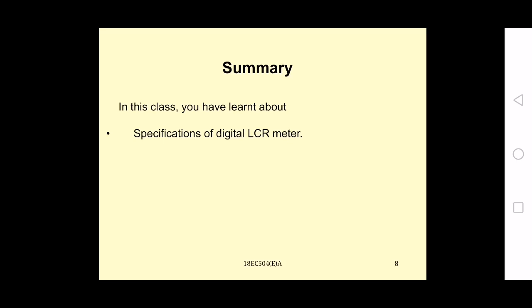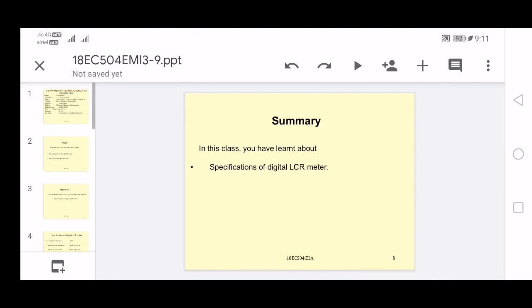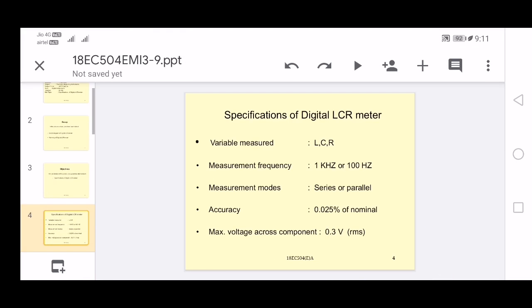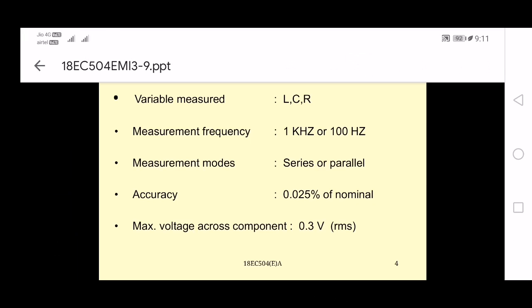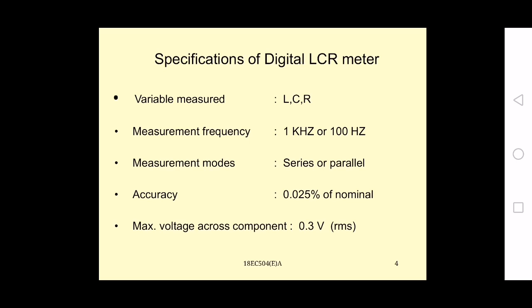So in this class we have learned about the different specifications of the digital LCR meter. We will quickly see the specifications again. The variable measured you can select from the function switch: inductance, capacitance and resistance.